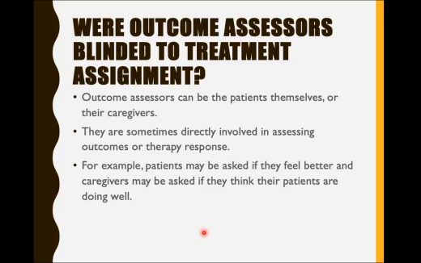They must not know what the patients are receiving. For example, a patient may be asked if they feel better, or caregivers may be asked if they think their patients are doing well. So again, look for whether the assessors of the outcome were also blinded.